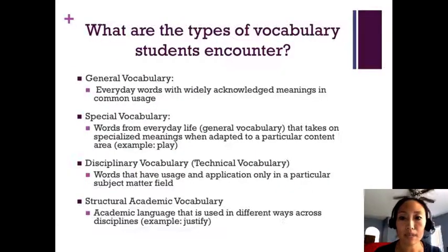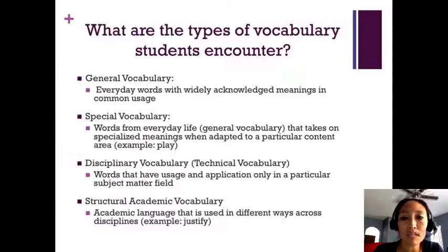So what are the types of vocabulary that students encounter? And I'm sorry for my poor lack of animation again in this lecture, but there are 4 different types of vocabulary that students are likely to encounter. General vocabulary, which are everyday words with widely acknowledged meanings in common use.